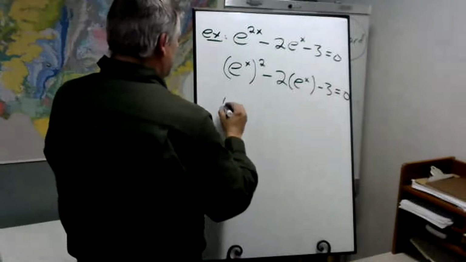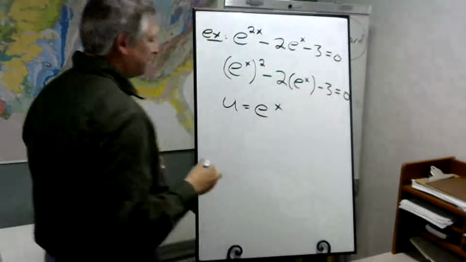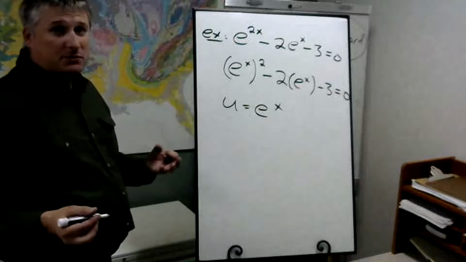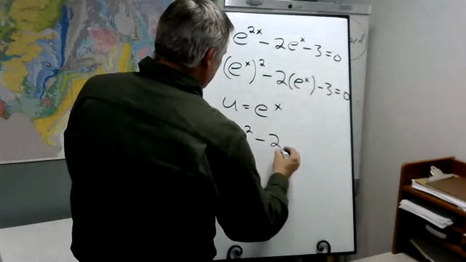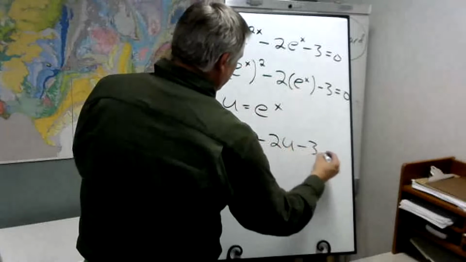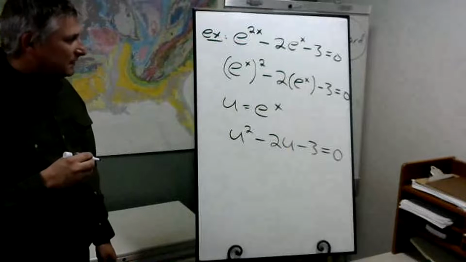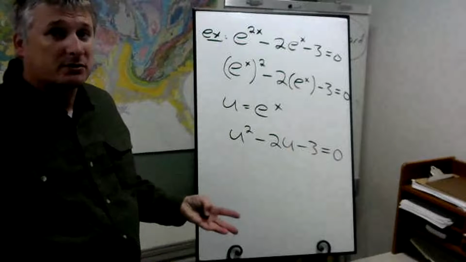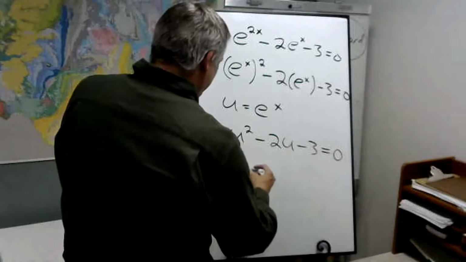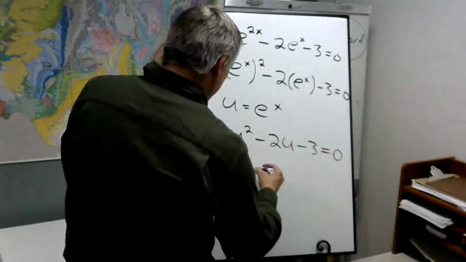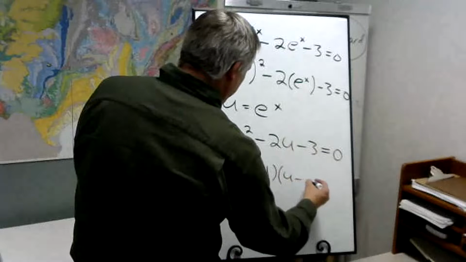And then we let u equal e to the x. When we do this u substitution, u squared minus 2u minus 3 is equal to 0. So this makes it a quadratic. We can solve this. I'm going to use factoring. If you use the guess and check method, we'll get u plus 1, u minus 3.